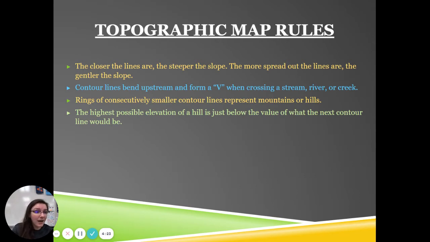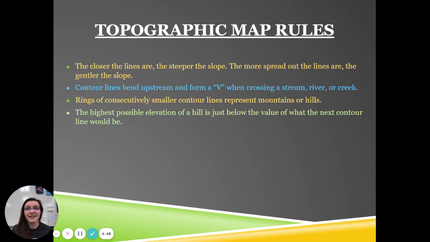The highest possible elevation of the hill is just below what the next contour line would be. So if the top circle on your hill says 120 and the next possible contour line is 130, that means nowhere on the hill does it reach 130.